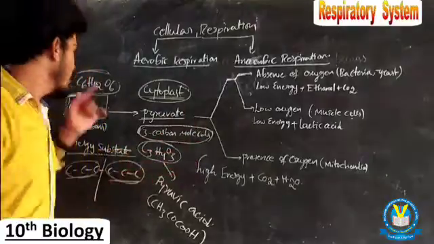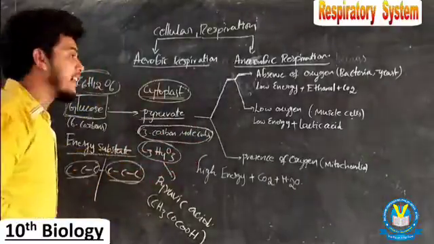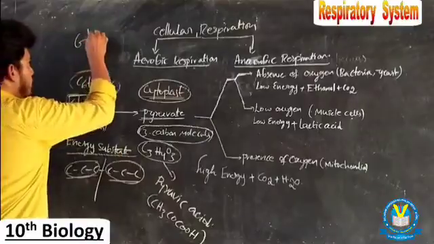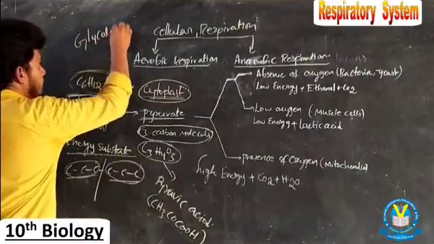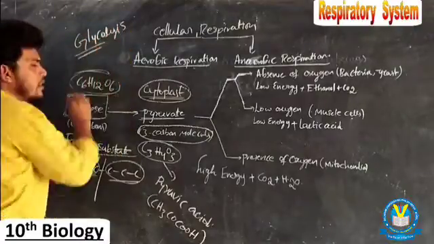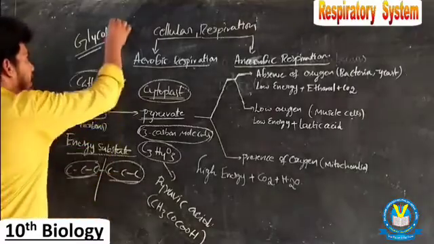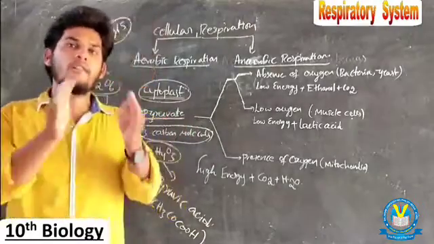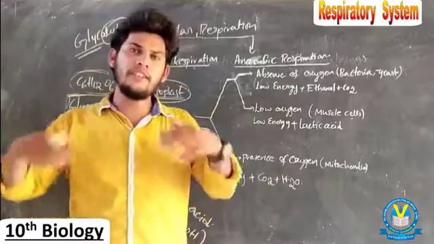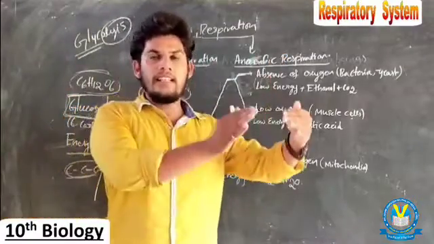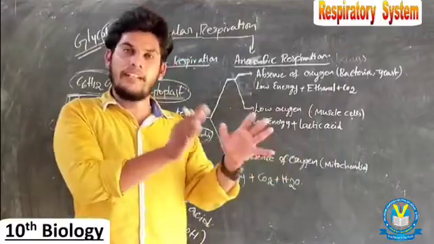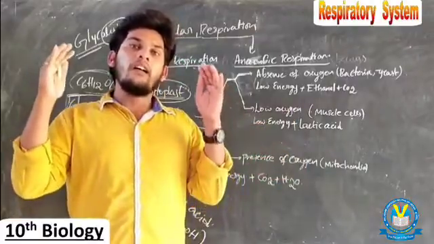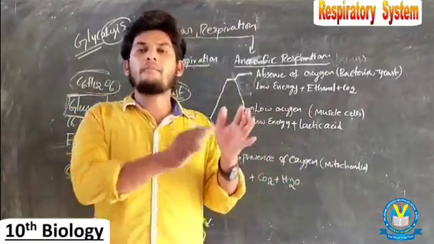That's why this reaction is called glycolysis. Glyco means glucose and lysis means breaking down. Glycolysis means glucose breaking down. How? Glucose containing 6 carbons breaks down into pyruvate containing 3 carbons.